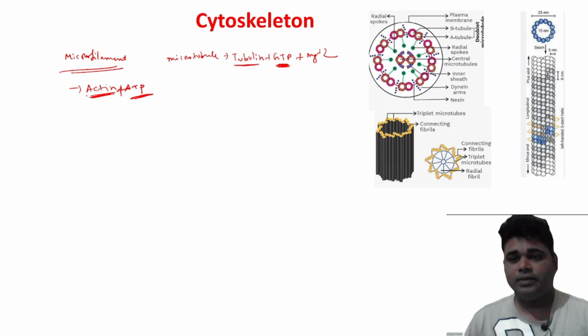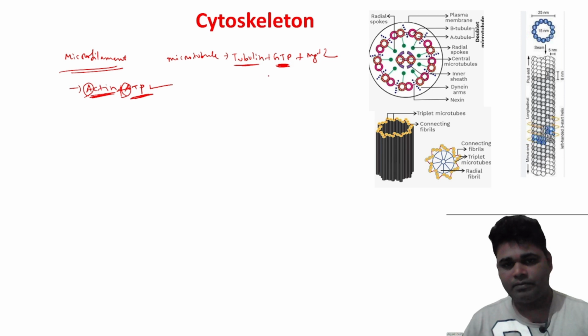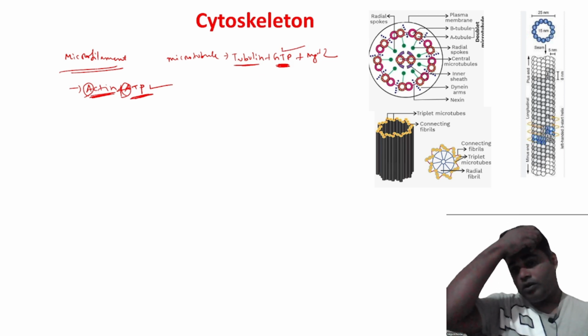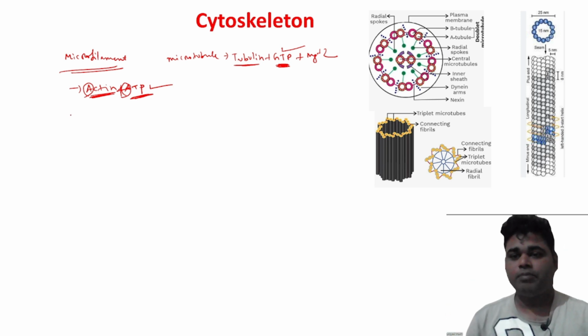And you can memorize like here A for actin, A for ATP, if you confuse between the ATP and the GTP. But importantly, ATP is present in the microfilament and the GTP is present in the microtubule. So now, where are the microfilaments found? Firstly, it is found in the muscle cell.